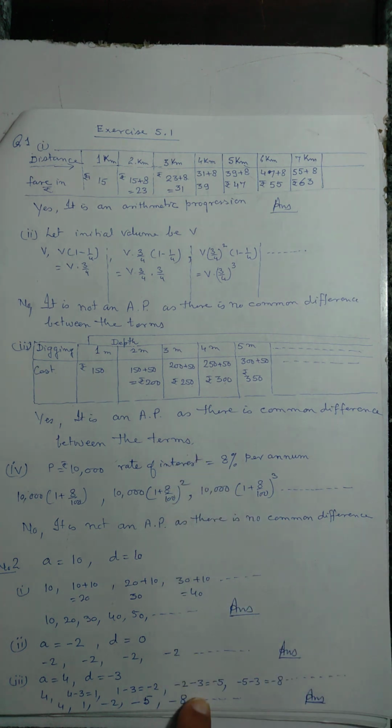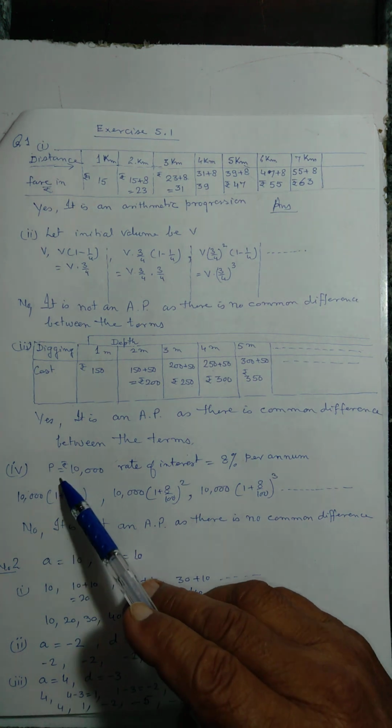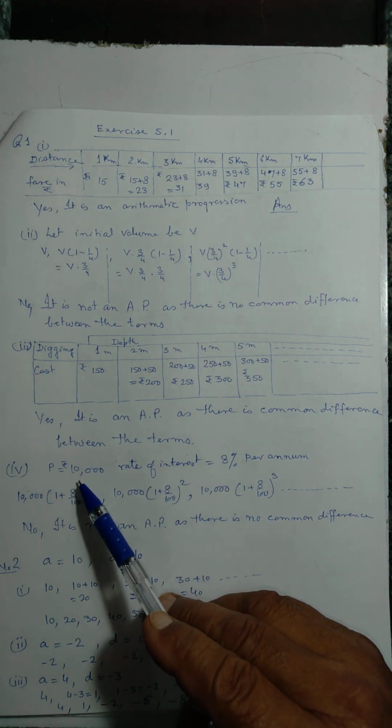Now the fourth situation: the amount of money in the account every year when rupees 10,000 is deposited at compound interest at 8% per annum. You see, the initial principal is given, that is 10,000.